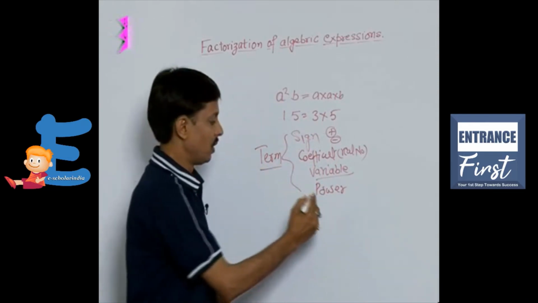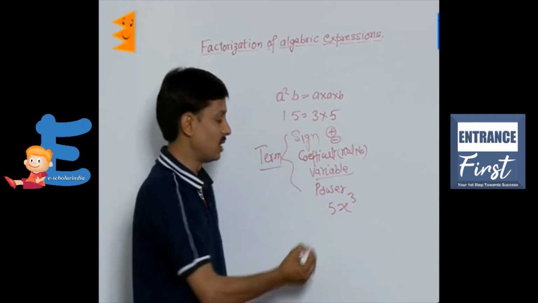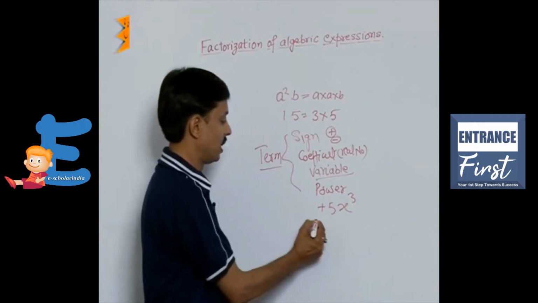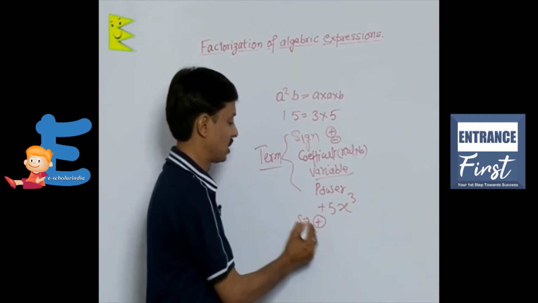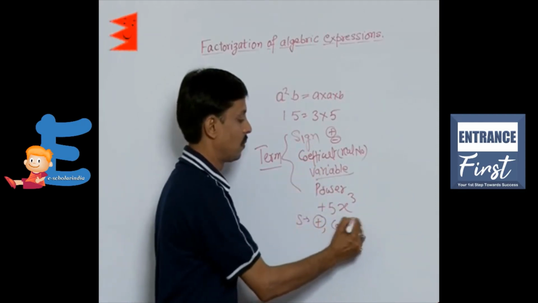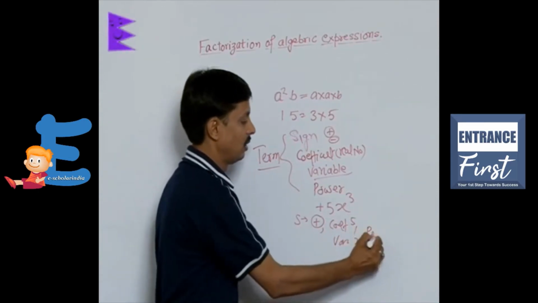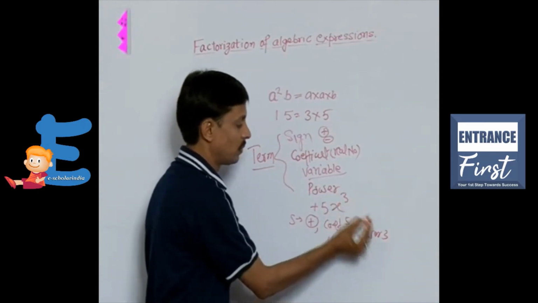Suppose I write 5x cube. The sign of this term is positive. The coefficient of this term is 5. The variable is x. And the power is 3.